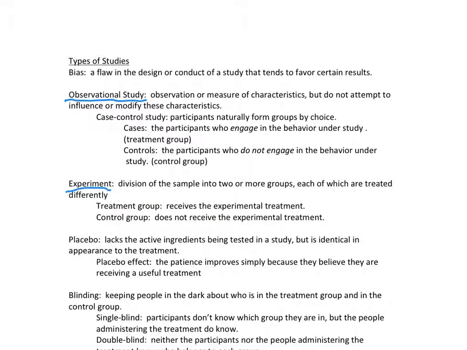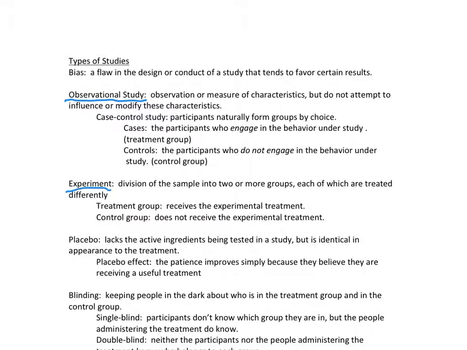But sometimes we need to go deeper than that. Sometimes we actually need to compare one group against another to see if one thing is better than something else. That's called a case control study, but it's observational when the people who are participating choose their own behaviors.